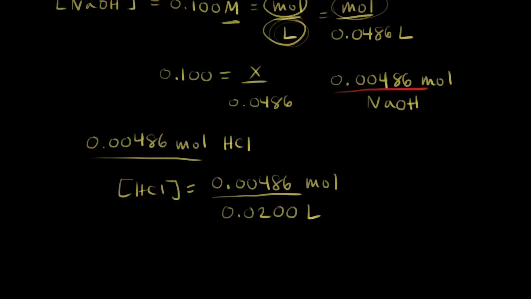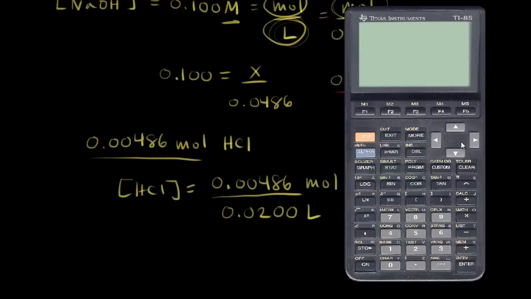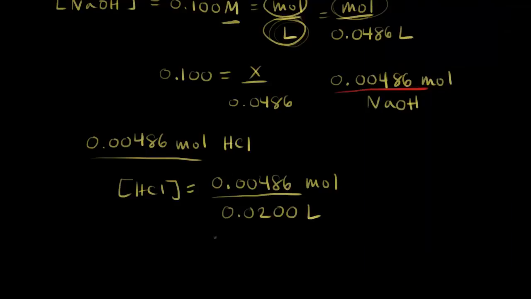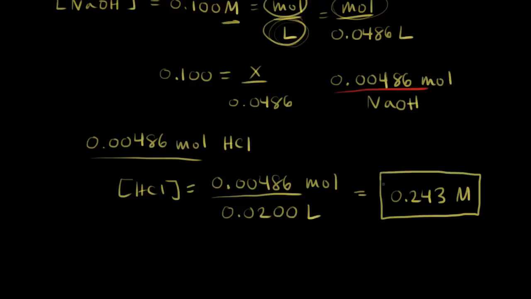All right, so now we can take out our calculator and do this calculation to find the concentration of HCl that we started with: 0.00486, and we're going to divide that by 0.0200. And we get 0.243 for our answer. So the concentration of HCl is equal to 0.243 molar. So we've solved for the original concentration of HCl.